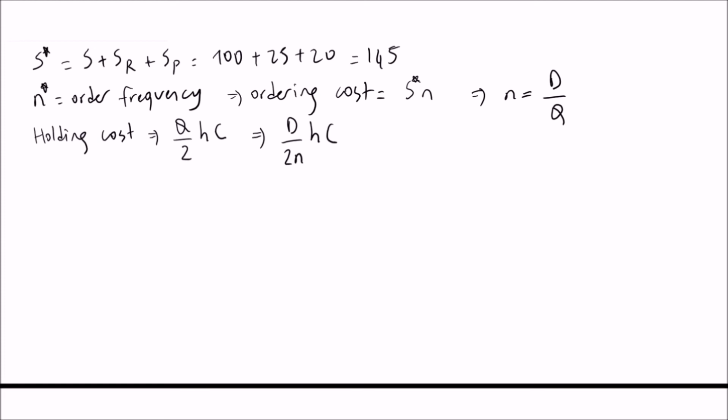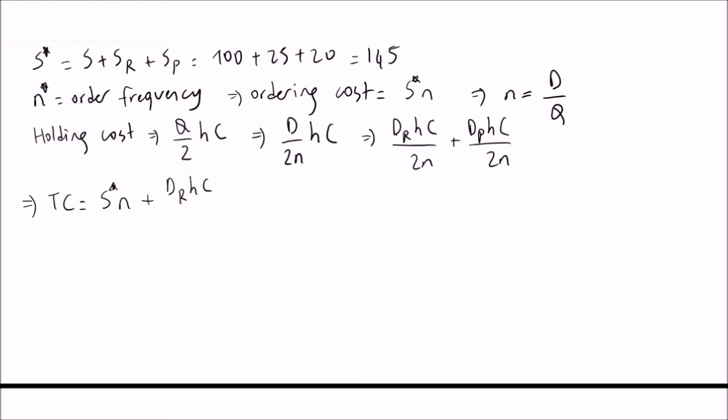So therefore, we are going to use this to compute our holding cost. And since we have two items, we are going to say DRHC divided by 2N, DPHC divided by 2N. So this is going to be our total holding cost. Therefore, our total relevant cost is going to be S star N plus DRHC divided by 2N plus DPHC divided by 2N.